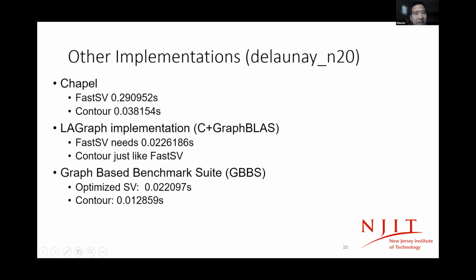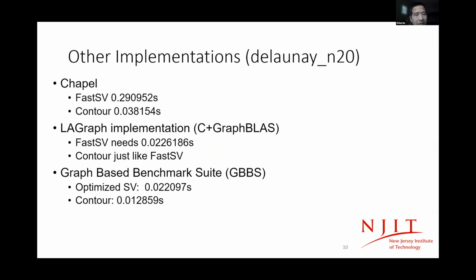Here we give some other implementation results. We use the Delaunay 20 graph as an example to see the absolute execution time. What's the difference for the different kinds of packages, different kinds of languages?